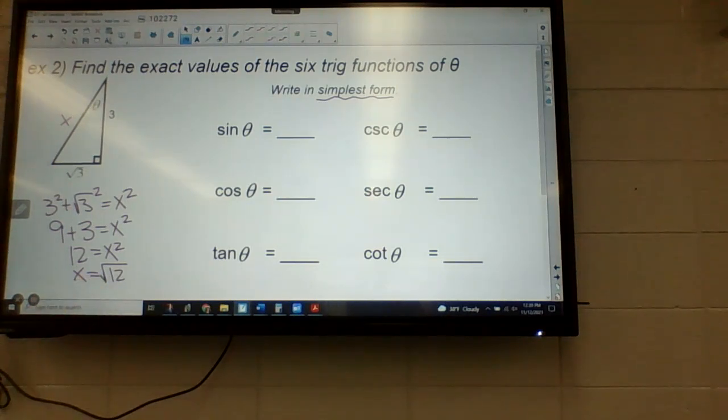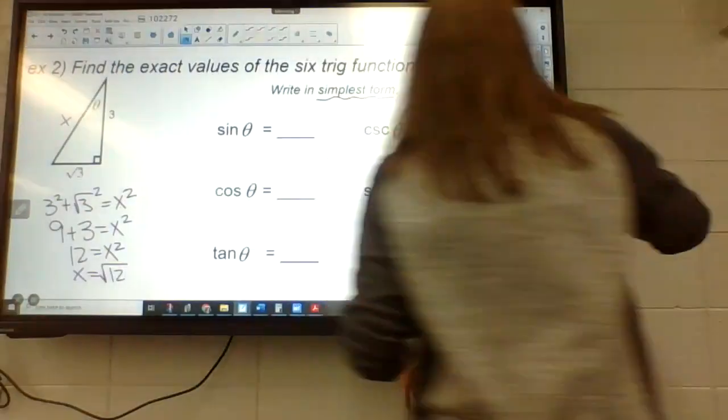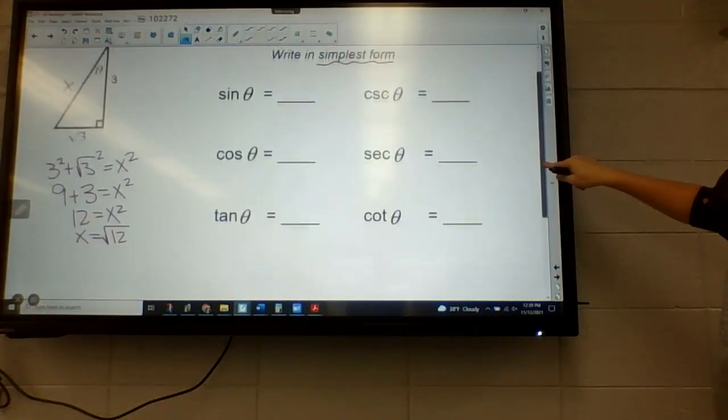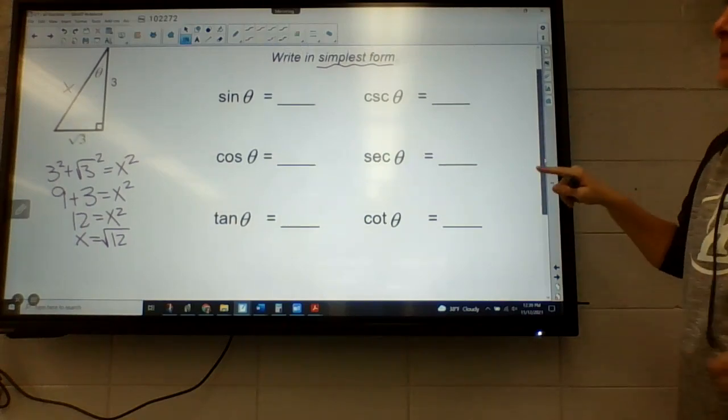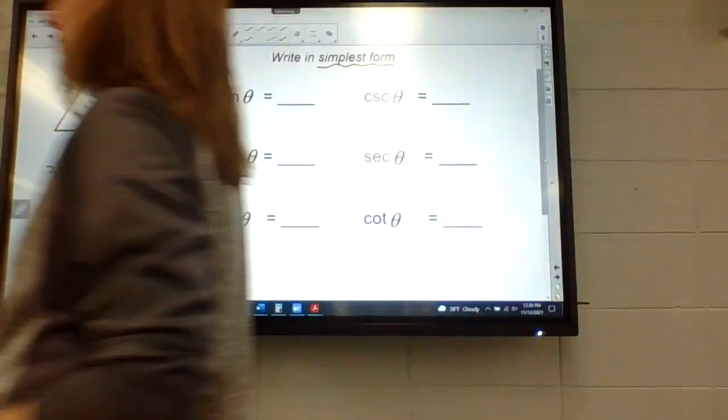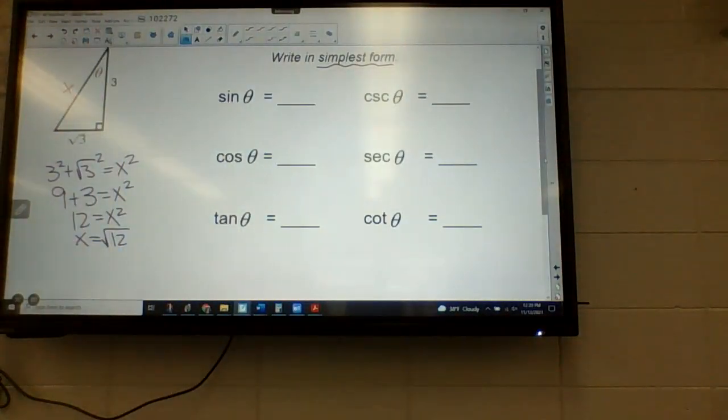So x is the square root of 12. Now, is that simplest form? No, it's not. So we're finding the square root of 12, but we want to simplify that. What are we going to do with the square root of 12?